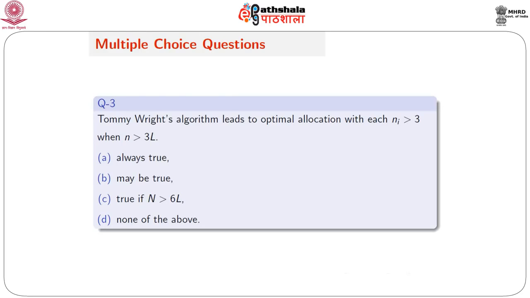Even if n is greater than 3L, when handpicking the numbers, we don't necessarily follow small ni greater than 3, that restriction. It could at best be small ni greater than or equal to 2. So unless this is an imposition on the allocation numbers, there is no reason why ni should be greater than 3, even though n is greater than 3L.